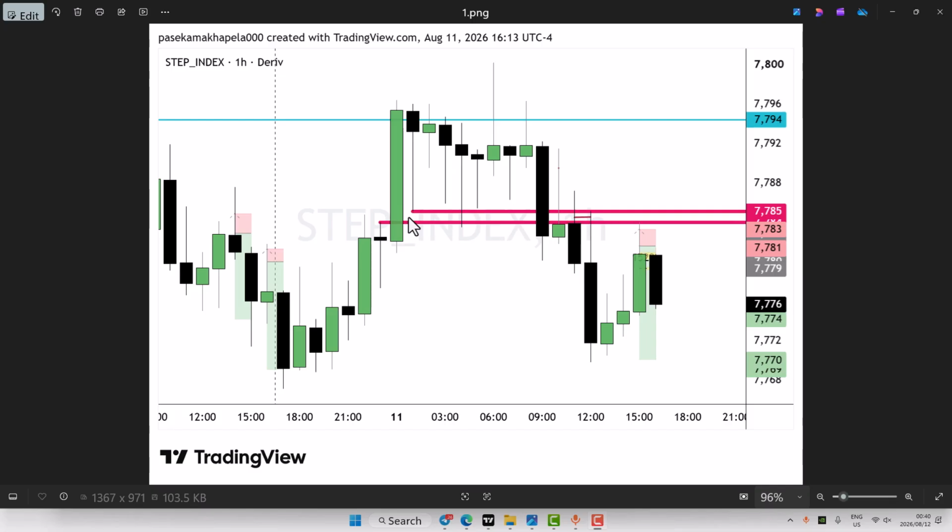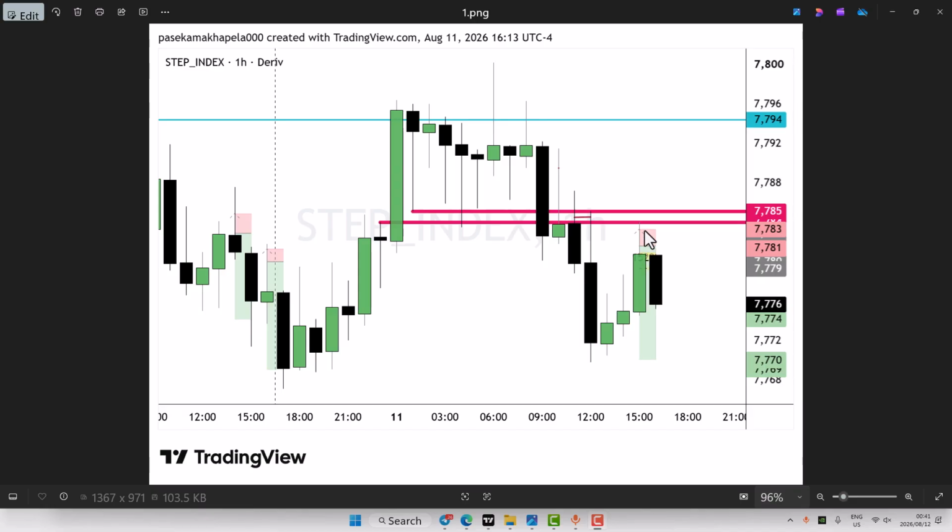So the characteristic of this fair value gap has already changed the moment we closed below the fair value gap. So it's no longer a support. We are now treating it as a resistance. Beautiful.